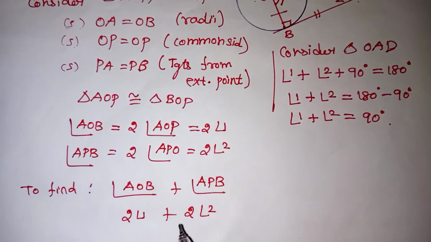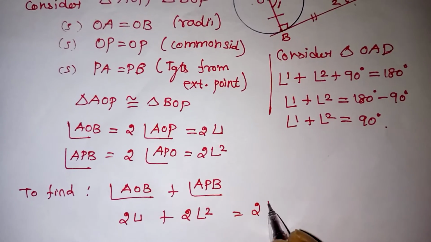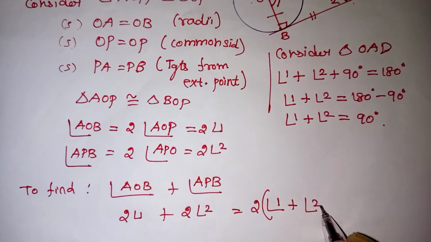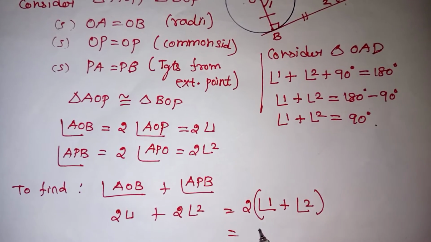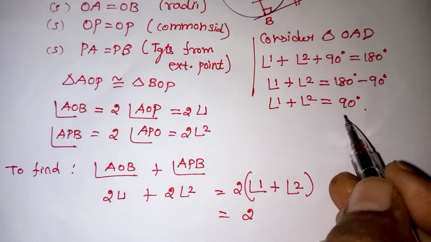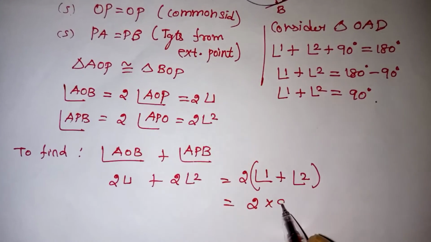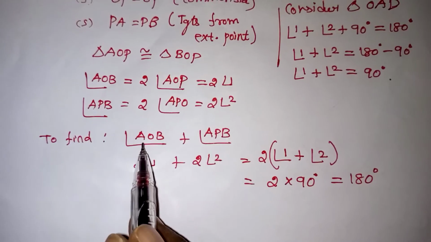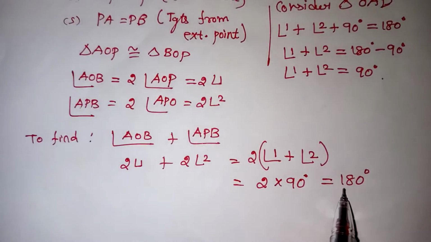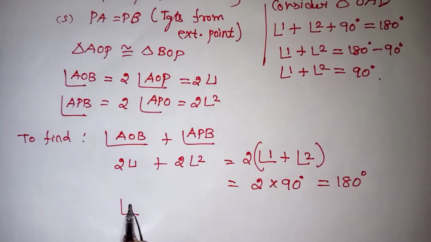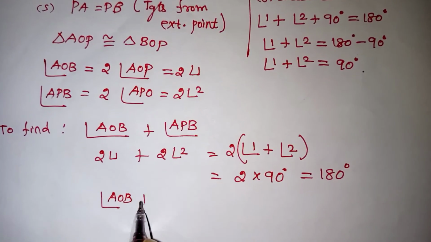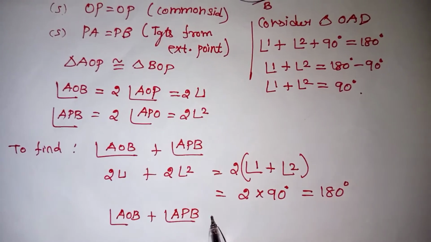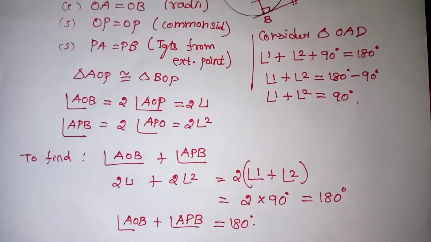We can take the 2 as a common term outside, leaving angle 1 plus angle 2, which is equal to 2 times 90 degrees, which is equal to 180 degrees. So angle AOB plus angle APB comes to 180 degrees. So the angles formed by the tangents and subtended at the center are supplementary angles. That's what we had to prove. Hence proved.